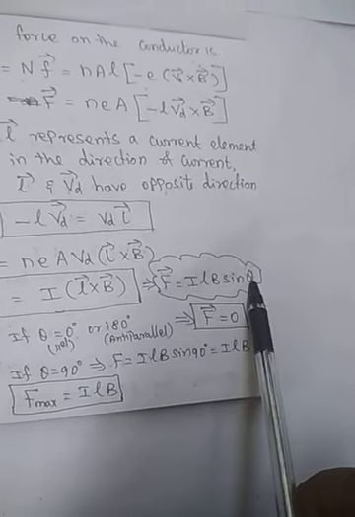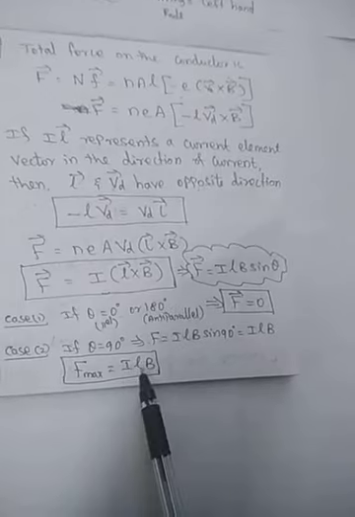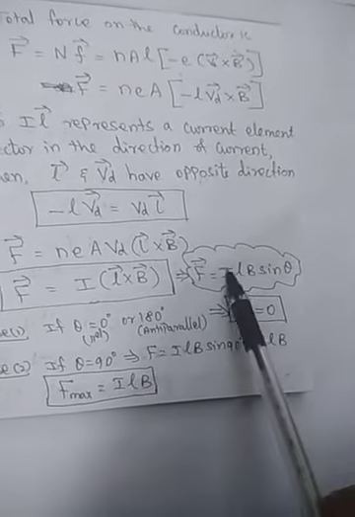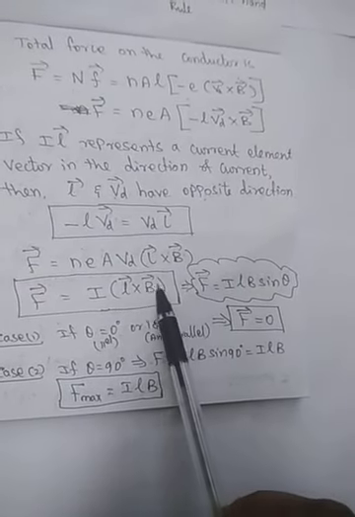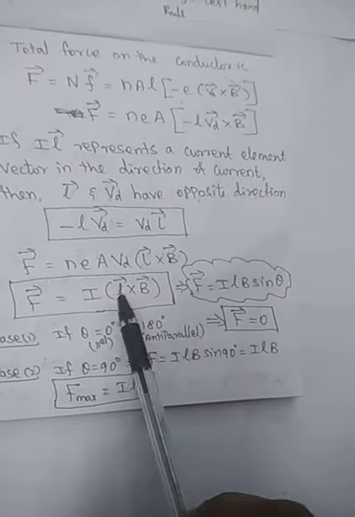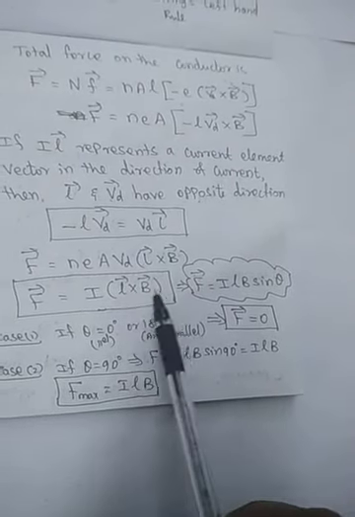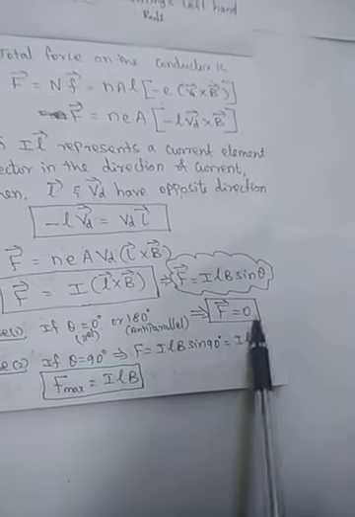Because sin 90 degrees is 1, the maximum force will be I L B. If the angle is 0 degrees or 180 degrees, that is, the current element and the magnetic field are in the same direction or anti-parallel, the total force experienced by the current element is 0.